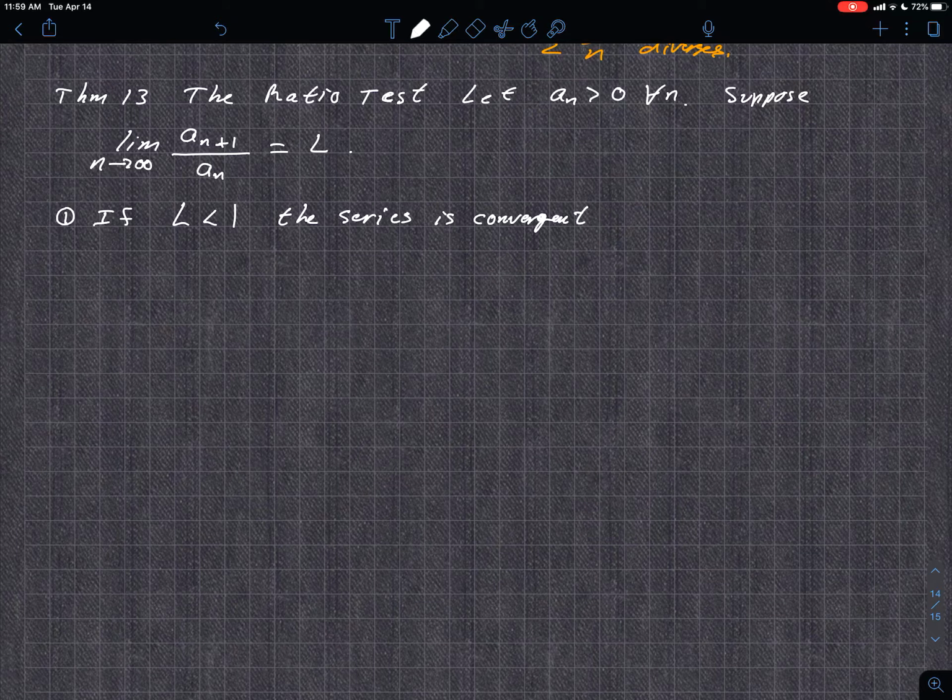Two, if L is greater than 1, or the limit of a sub n plus 1 over a sub n approaches infinity, the series is divergent.